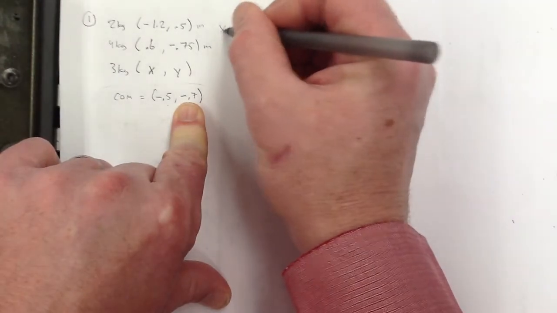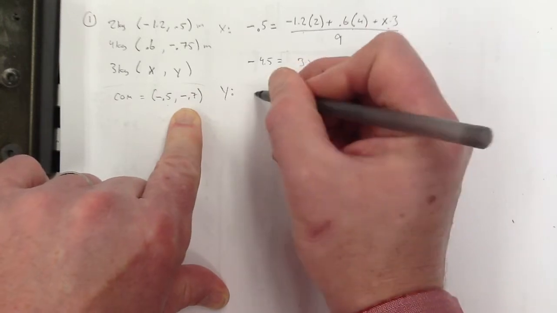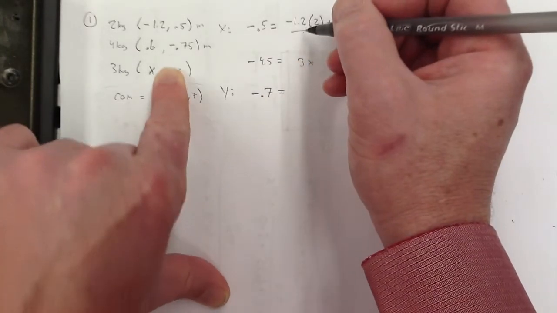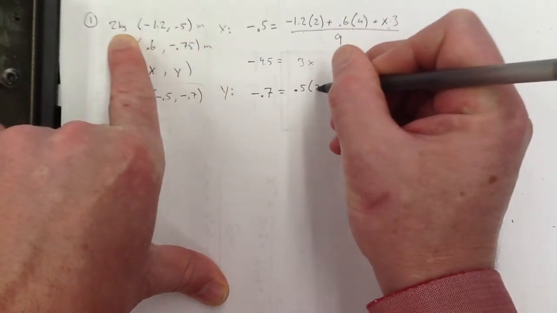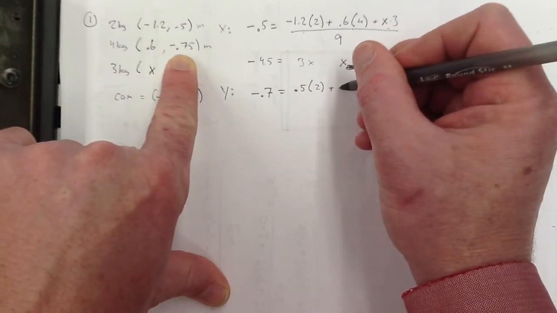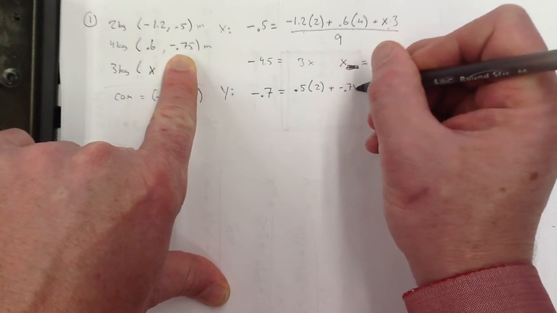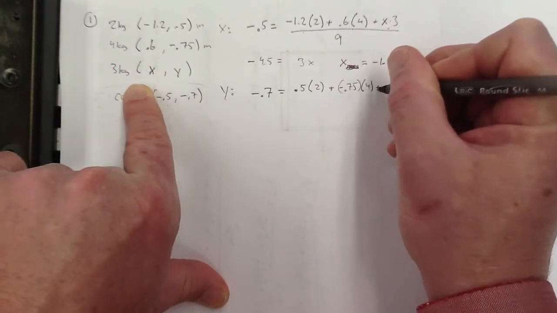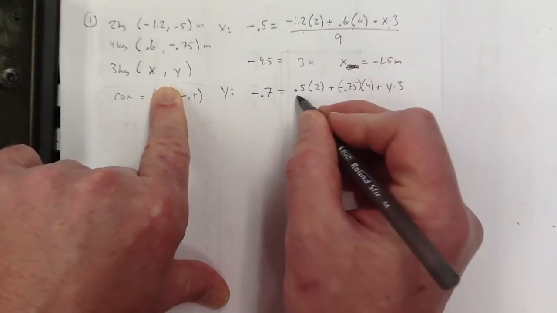Okay, that was the x direction, and then in the y direction, we want the center of mass to be at negative 0.7. So y coordinates 0.5 times 2 plus negative 0.75 times 4 plus I don't know what times 3.